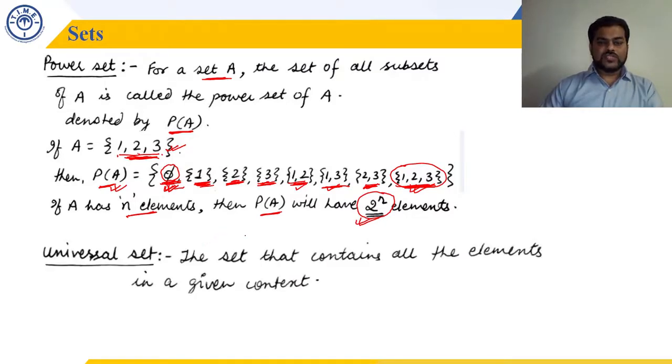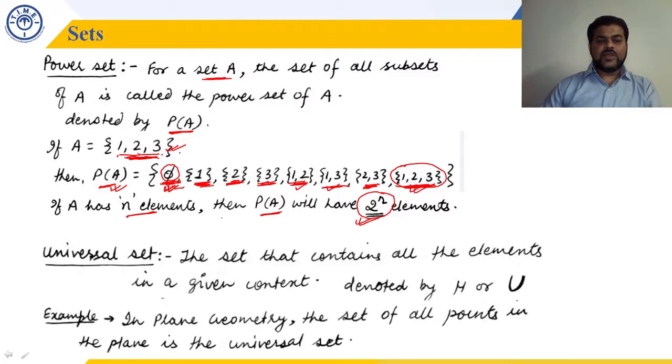Now what is a universal set? The set that contains all the elements in a given context. The set that contains all the elements in a given context is known as the universal set. Just to give you an example, in plane geometry, the set of all points in the plane is the universal set.